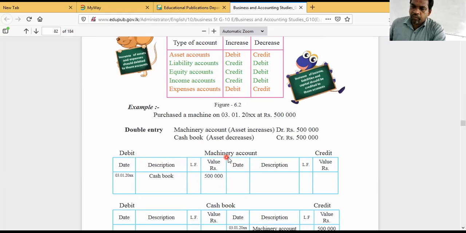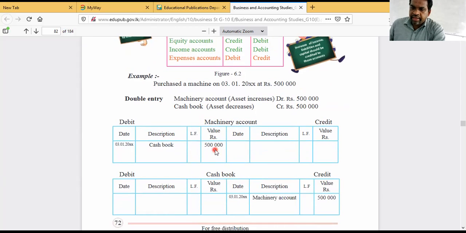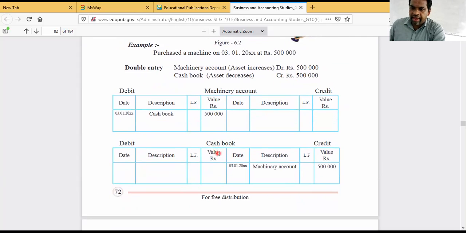Then, as machinery asset increases, they have debited to machinery account, say in cash account, 3rd January, 500,000. Then the opposite end goes to cash account. When you pay money in cash, there will be a decrease in asset.